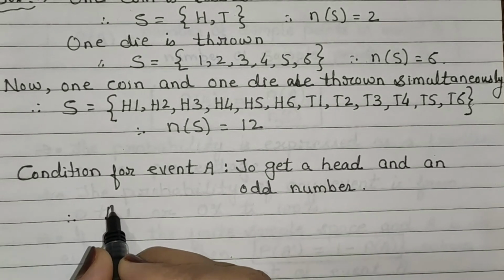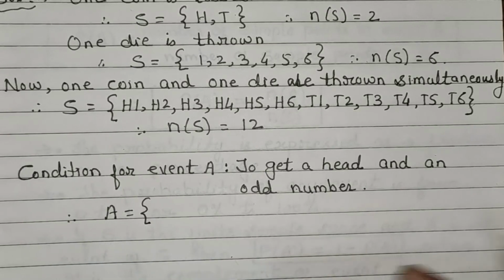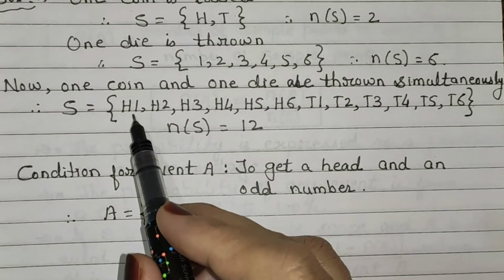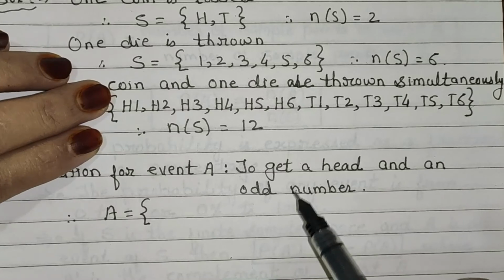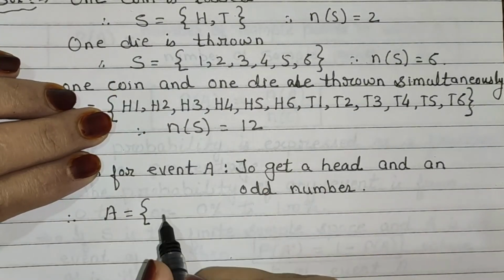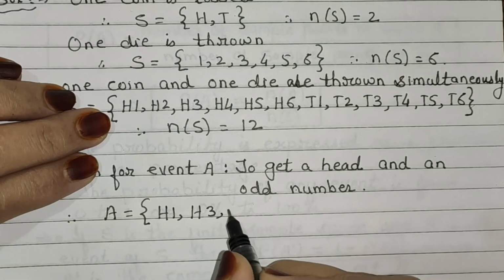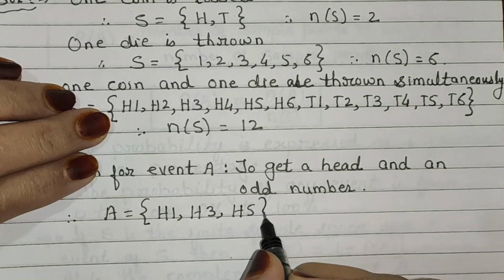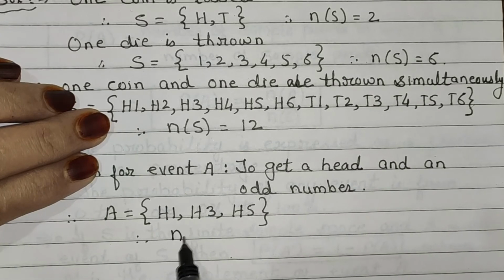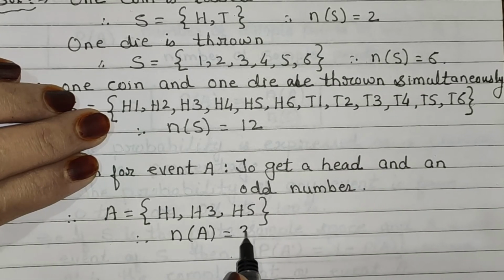Therefore, A is equal to, now look at the sample points here. Head with odd numbers are H1, H3 and H5. Therefore, N of A is equal to 3.